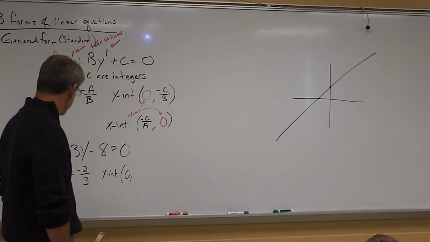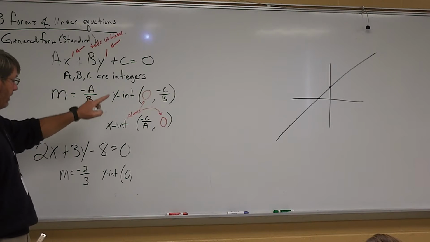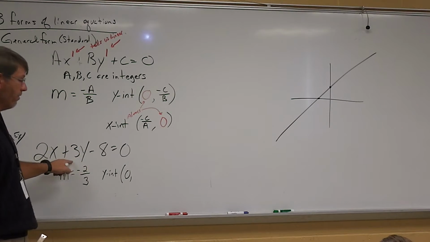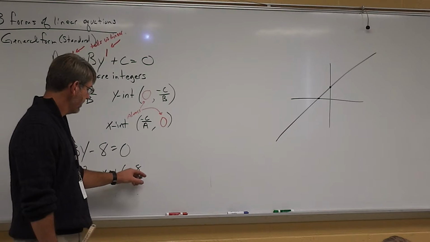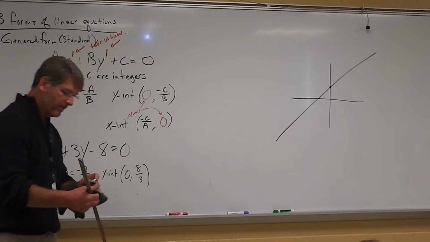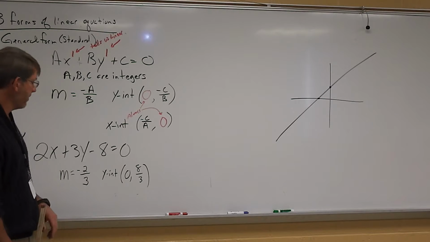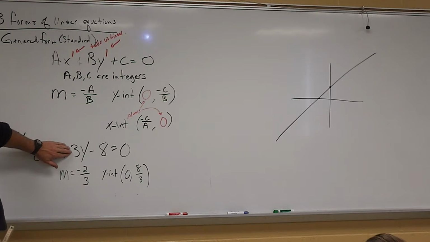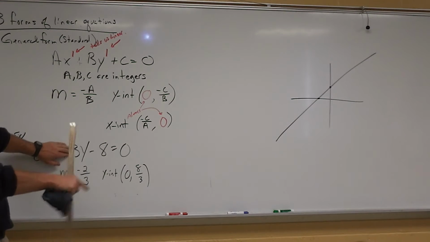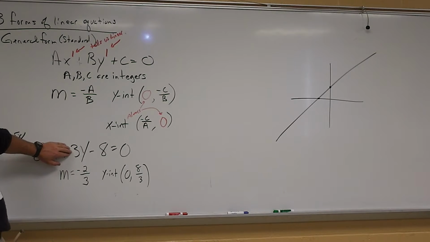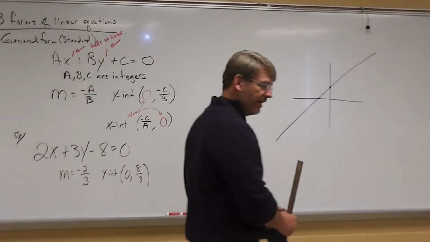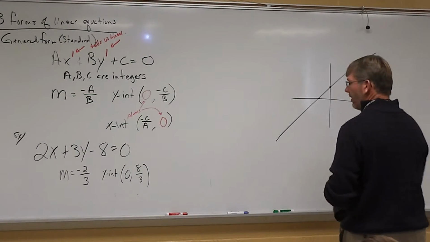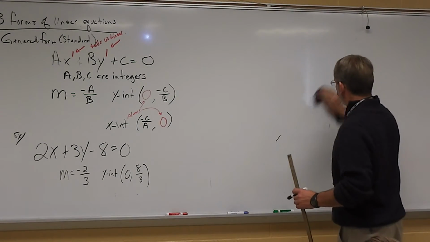Negative c over b, 8 over 3. Yeah, we can do it like that. It sure seems like to me, though, it's a lot easier to just say, oh, the y-intercept is when x is 0. Solving for y, I'd add the 8, divide by 3. I get it. To me, that's easier, honestly. But you do it how you like. Okay, that's general form.